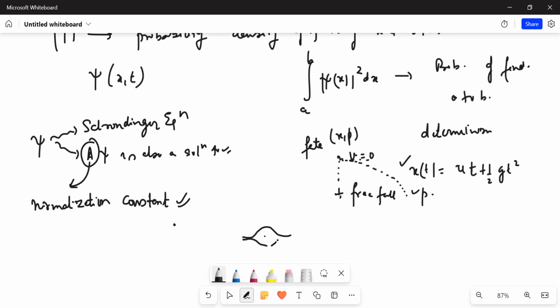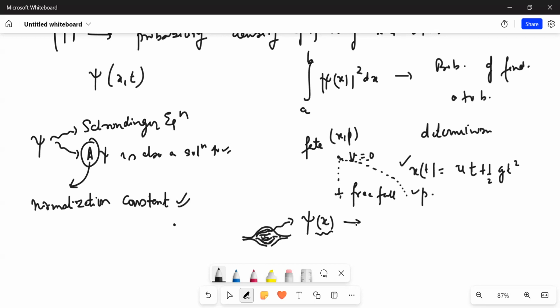We represent it as a wave packet of many waves of different amplitudes and different wave numbers or wavelengths, and we take this superposition in a way that it interferes constructively in a localized space, and beyond that it interferes destructively, so that you can think of it being confined in a space. Since it is a confinement, you cannot say whether your particle is here or here. Mathematically, we represent this using psi. This is at best what you can say about psi.